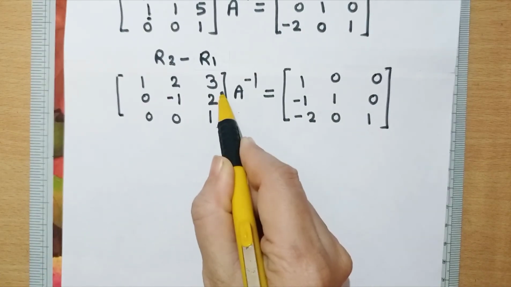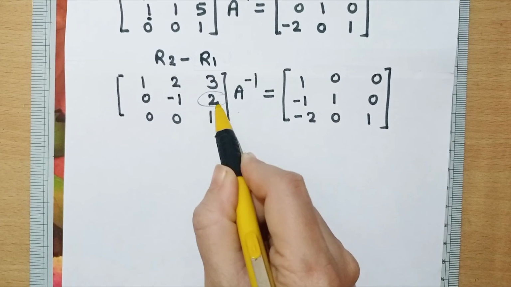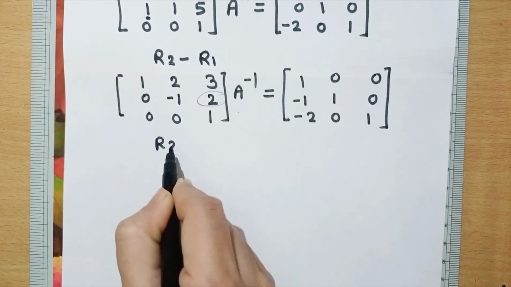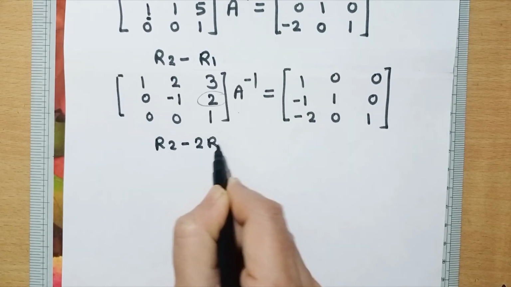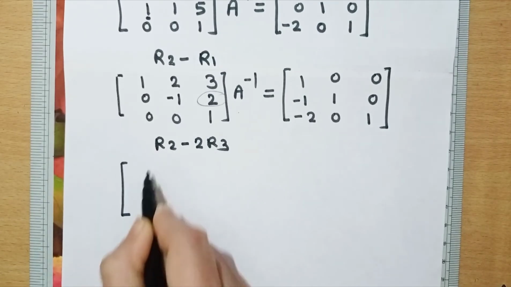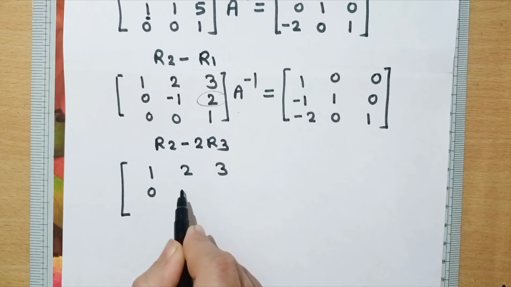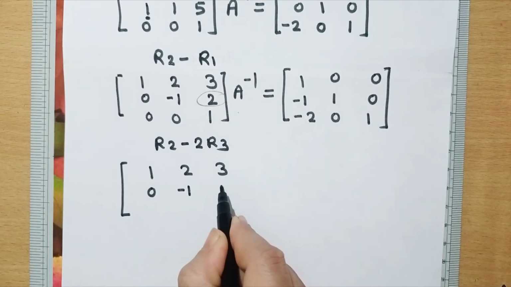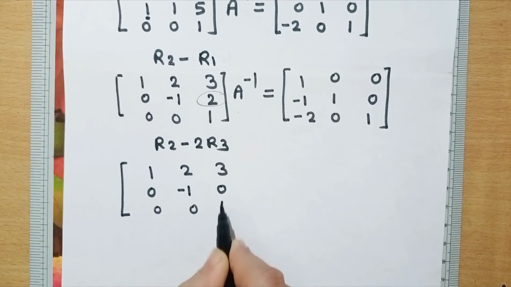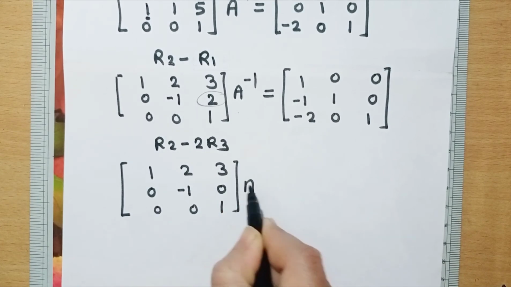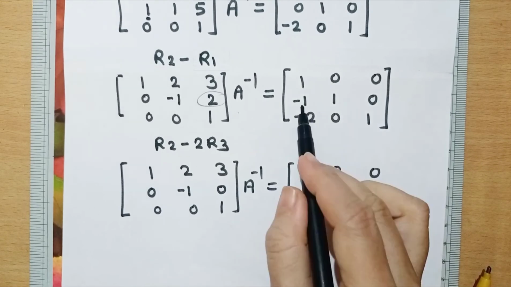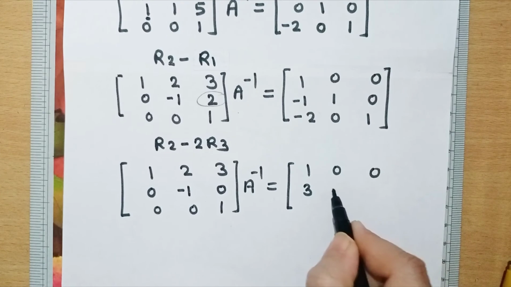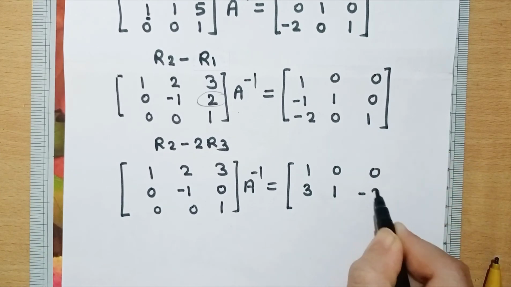Now we have to make this element 0. So 2 minus 2, that means R2 minus 2 R3 gives, now again first 0, minus 1, minus 0, minus 1, 2 minus 2, 0, 0, 0, 1, A inverse, and that is equal to, now minus 1 plus 4, 3, 1 minus 0, 1, here minus 2.